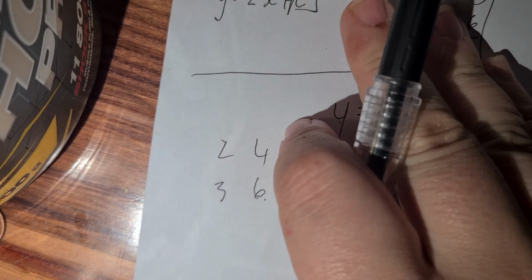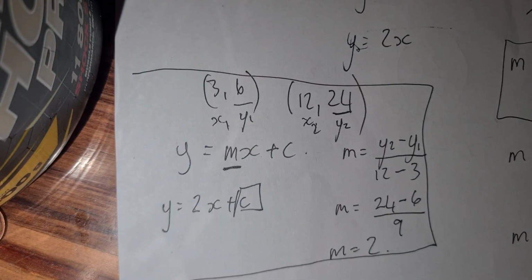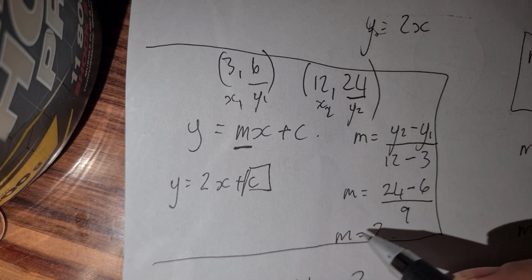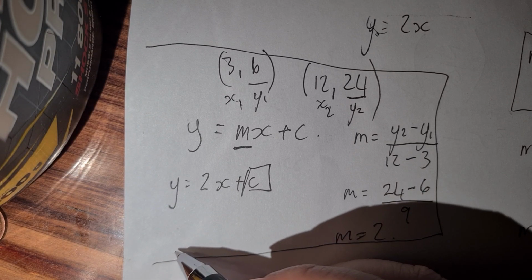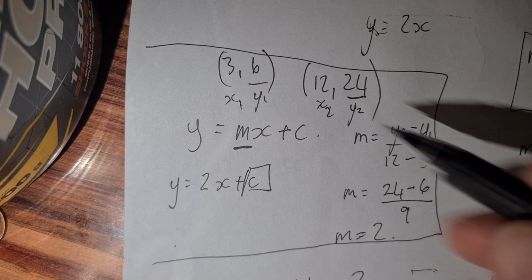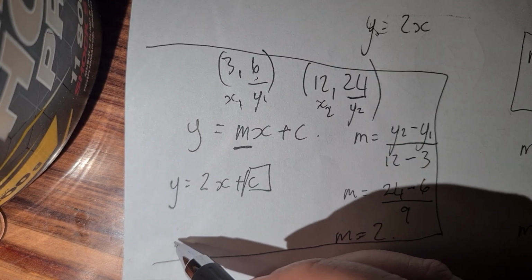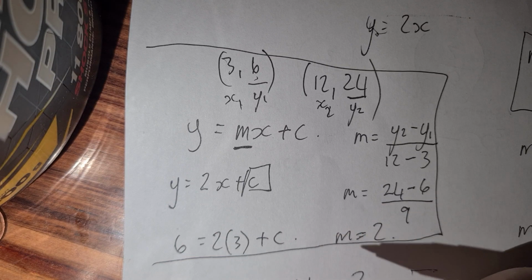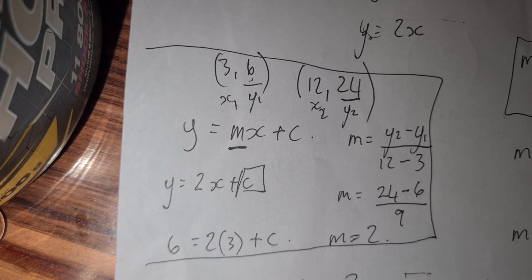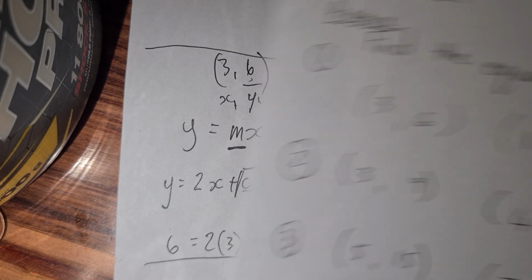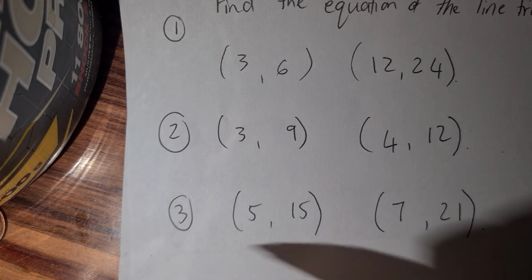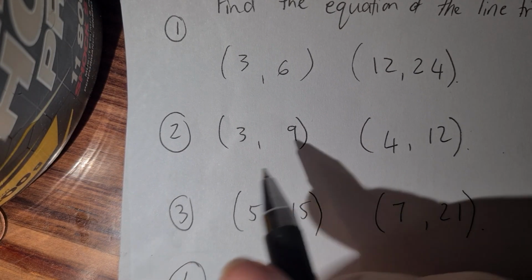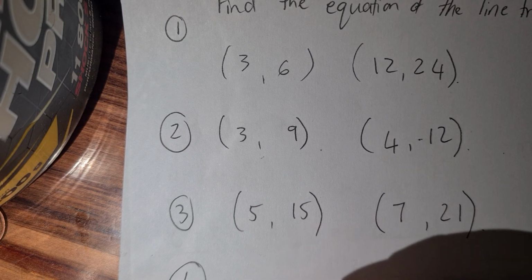So it's all going to work out for m to be 2. If I put this point (3, 6) in, 6 is equal to 2 times 3 plus c. I should actually give you some that aren't multiples, because I just made multiples here.